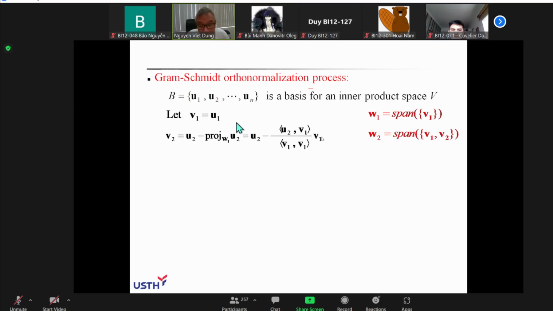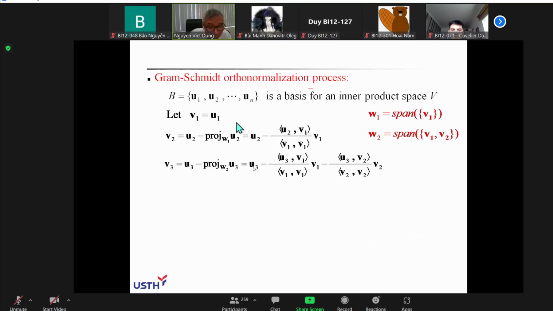Now I make W2 to be the subspace of V spanned by v1 and v2, because here we have v1 and v2 already. Then in the third step, I take v3 equal to u3 minus the projection of u3 onto subspace W2, or by formula, you get that one.